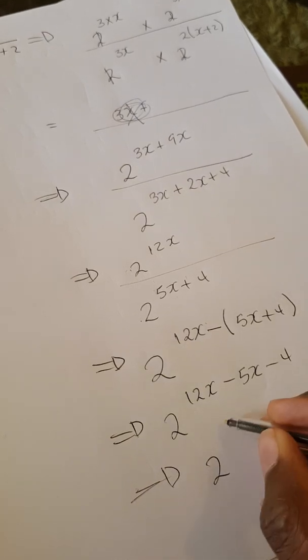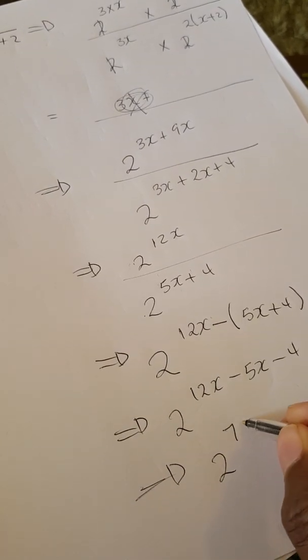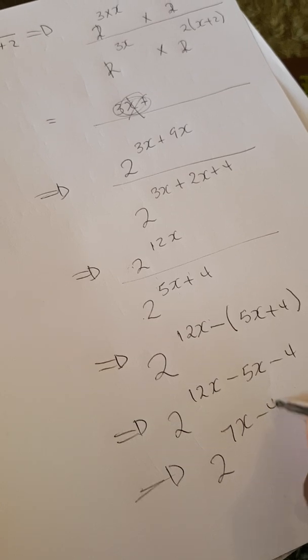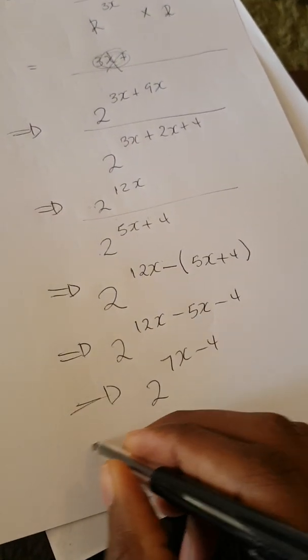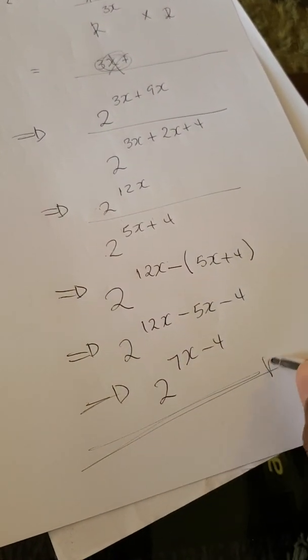What is your answer? You'll get 7x. So it will be 2 to the power of 7x minus 4. So most likely this is your answer.